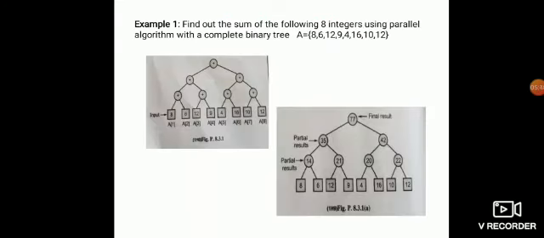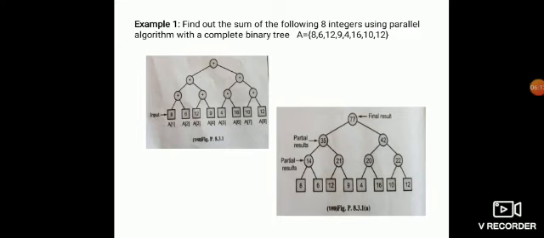Now we will solve an example. First, find the sum of the following 8 integers using the parallel algorithm with a complete binary tree. In the diagram of 8.3.1, we assign the given elements in an array at the leaves of a complete binary tree, with 8, 6, 12, 9, 4 and so on as the input data.